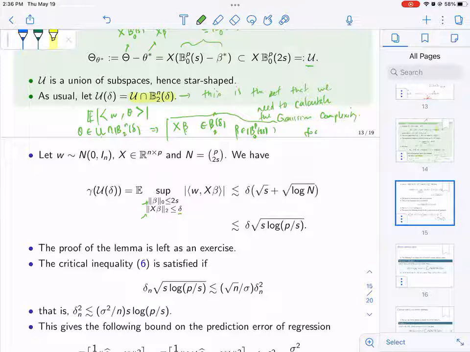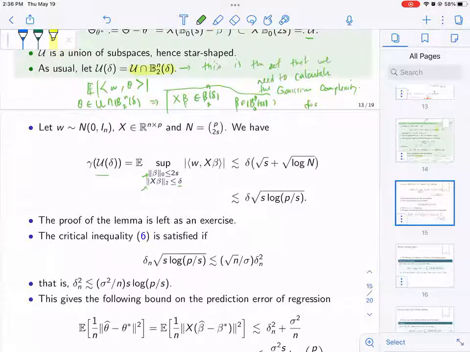Okay. Yeah, it's a little bit funny, but you can just write it down. This is going to be like W X beta, and then I leave this as an exercise for you. This is a very nice exercise in calculating.